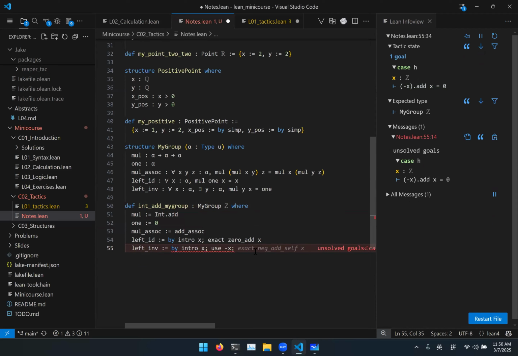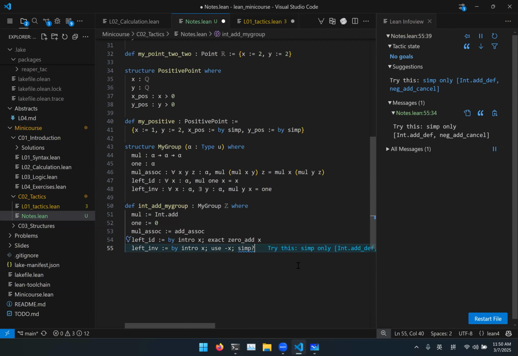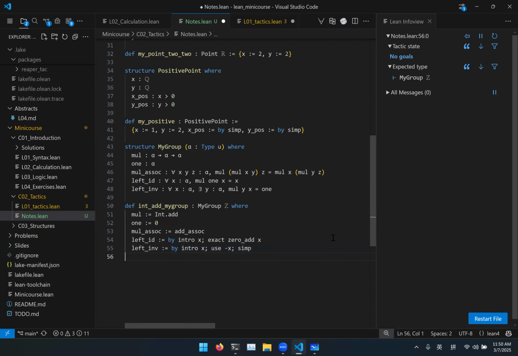So then finally we need to prove negative x add x equals 0. Let's try simp. So simp works. In the backend it uses neg_add_cancel. This lemma should do. So now we have supplied a proof that the integers are actually a group.